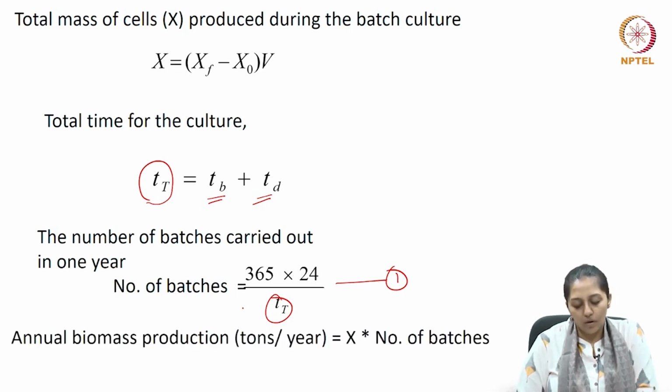Now the annual biomass production, so annual means in 1 year, how much amount of biomass will we be able to produce? It is the biomass produced in one batch multiplied by the total number of batches which are possible in a year. So this is what is given here.